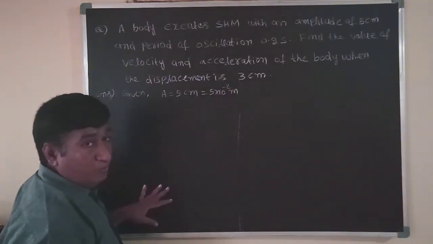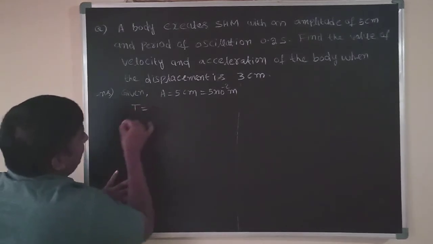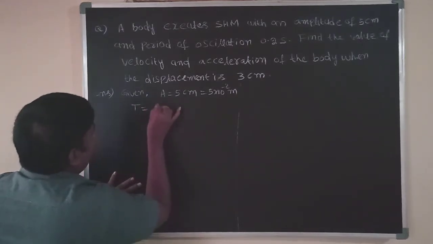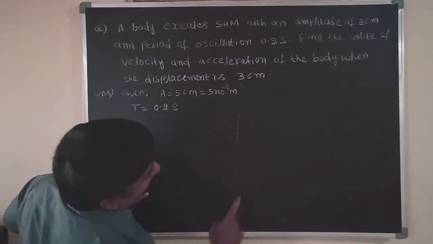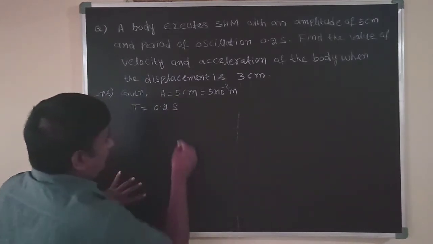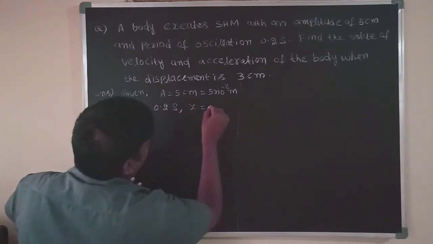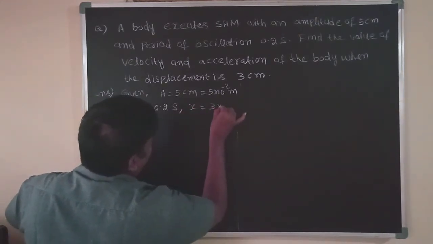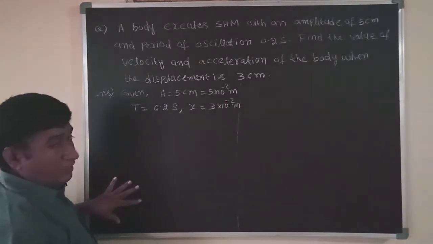Centi means 10 power minus 2. The time period T is 0.2 seconds. And the displacement, denoted by x, is 3 centimeters, which is 3 into 10 to the power minus 2 meters.